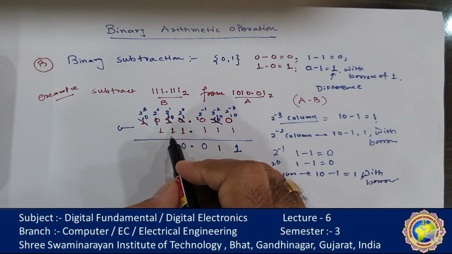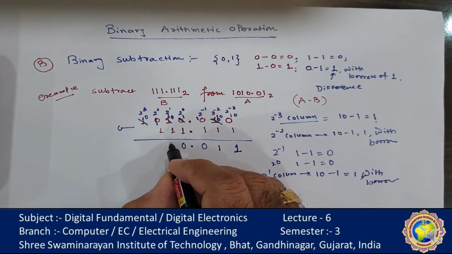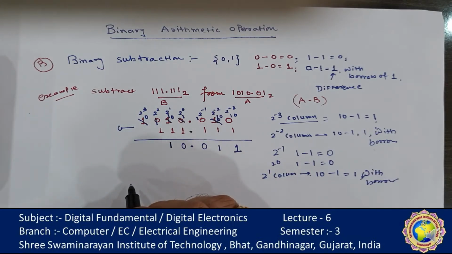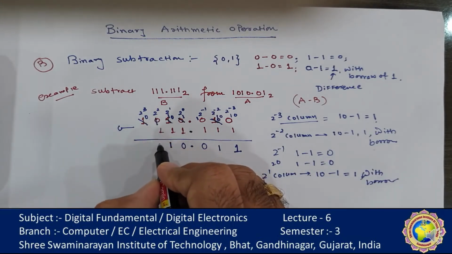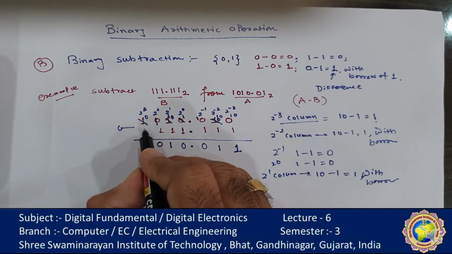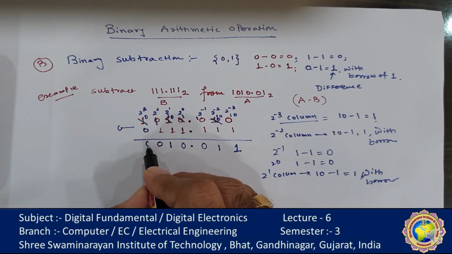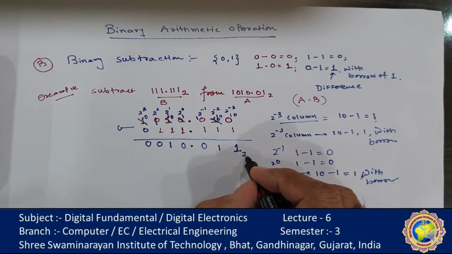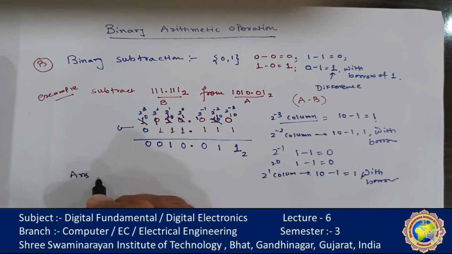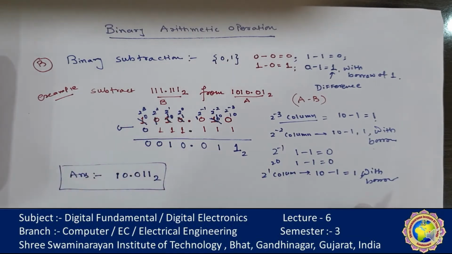So 10 minus 1 is 1, 1 minus 1 is 0, 0 minus 0 is 0. So the answer is 10.011 in binary. So this is the answer in binary subtraction.